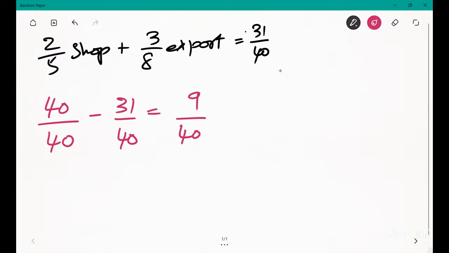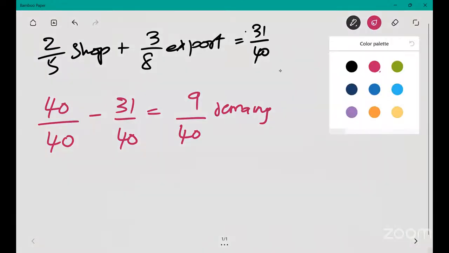Now here they are saying 1/3 of the remaining. This is our remaining portion. And they're saying 1/3 of it is kept for sale within the company, and this is equal to 6,000 rupees.